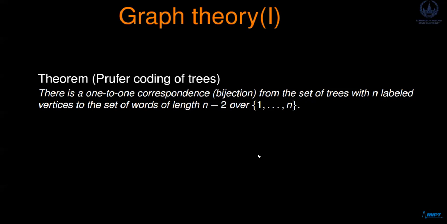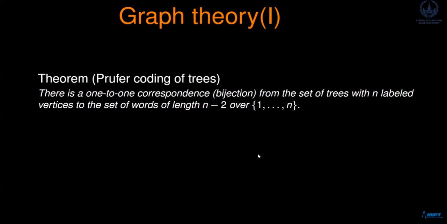A tree is a connected acyclic graph, and in this case we are talking about trees with labeled vertices. If we have n vertices, each one is labeled uniquely by a number from 1 to n. The Prüfer code is a way to represent these trees as sequences of words.